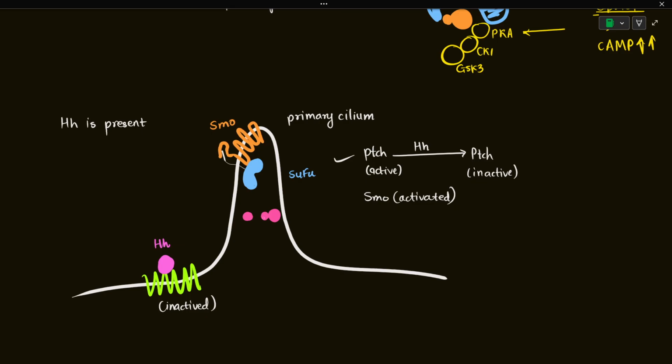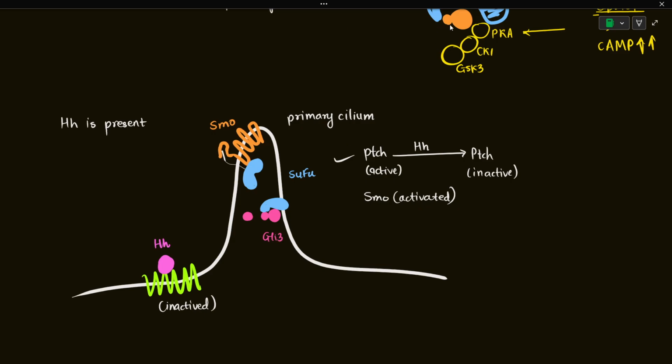So GLI3 does not do this job. Actually, the SUFU protein which was bound to GLI2, only that SUFU protein will be engaged with smoothened protein, but the SUFU protein will still adhere to the GLI3 protein. Why does this happen?